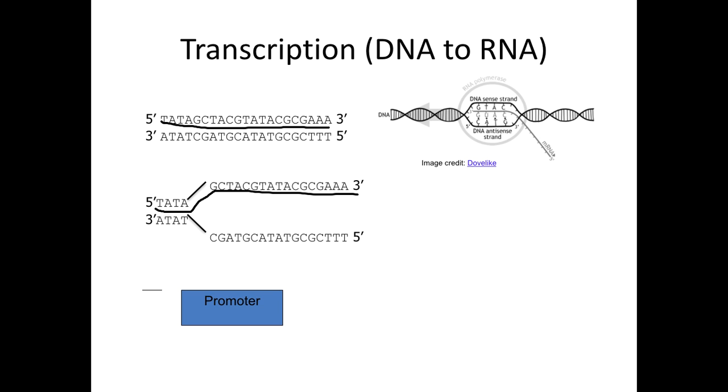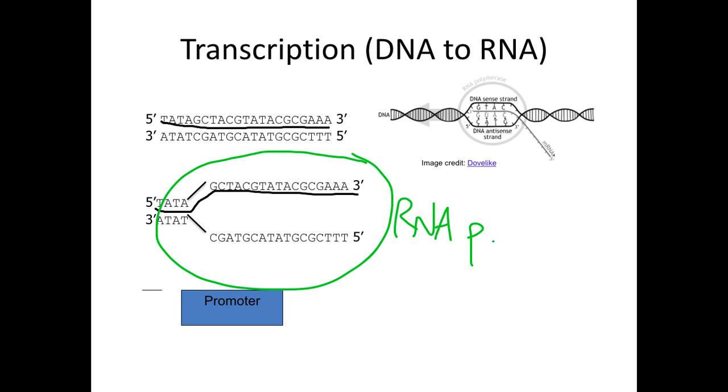But it gets split open, and then an enzyme called RNA polymerase, so RNA for ribonucleic acid, our RNA pol, is going to sit right here on the promoter, and its job is to make an RNA polymer. It makes a long string of ribonucleic acid based on the same sort of chemistry that we used for DNA replication already.